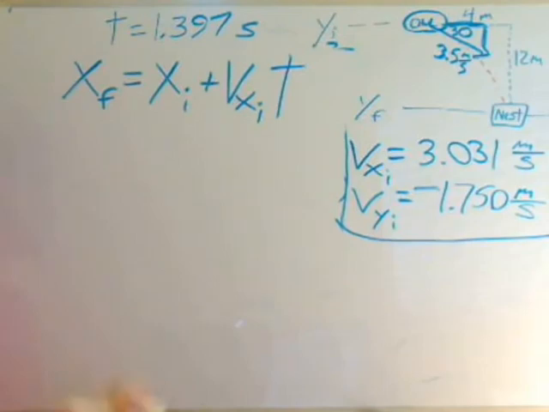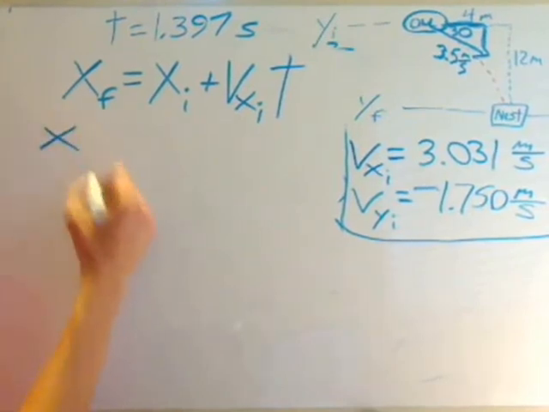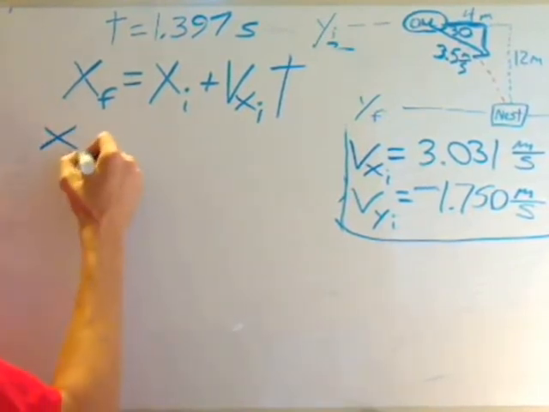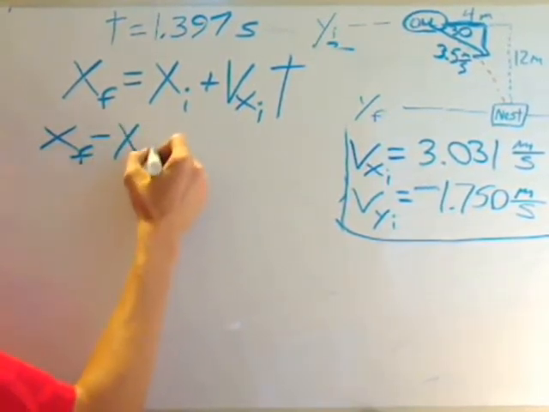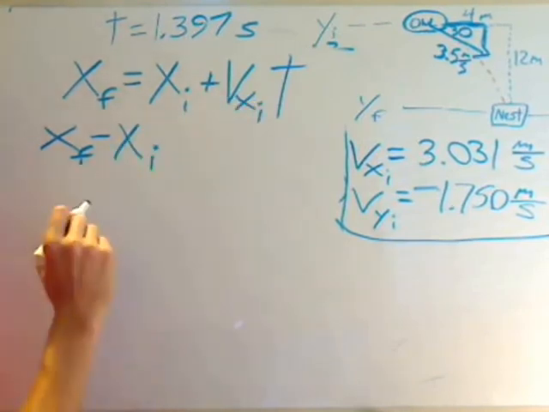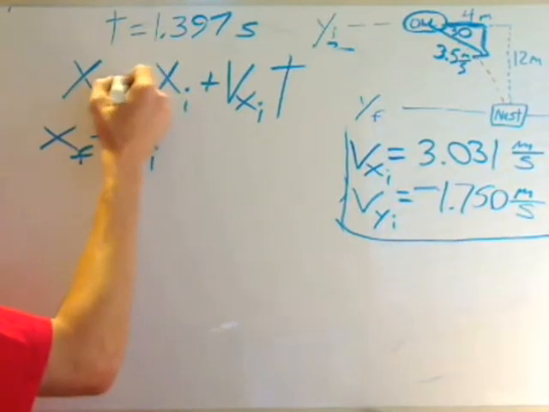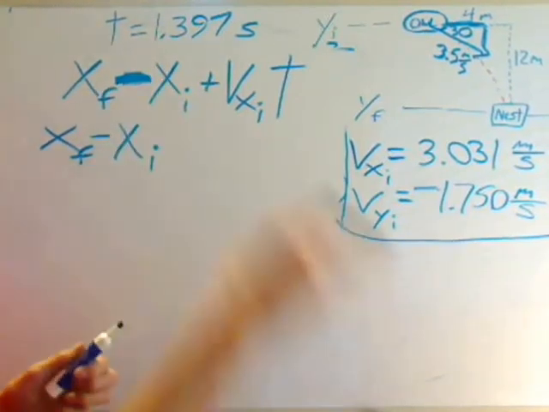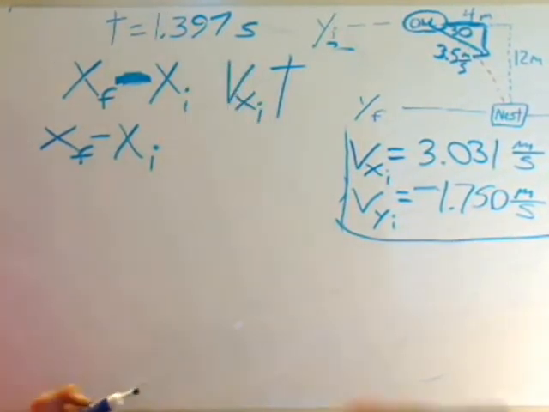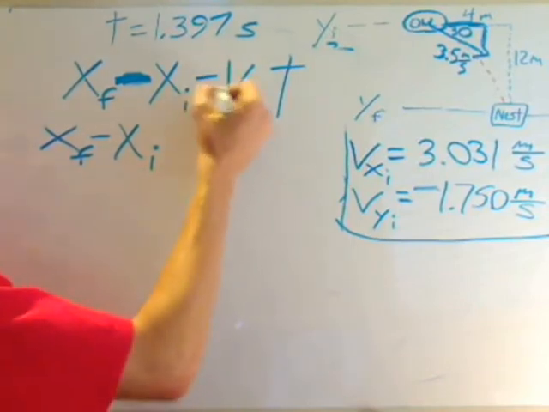Okay? And so the distance that the mouse travels would be our final x position minus the initial x position, and that equals vx times time. So what we just did there is we subtracted this from both sides, so we get that minus that, and this becomes an equal there.